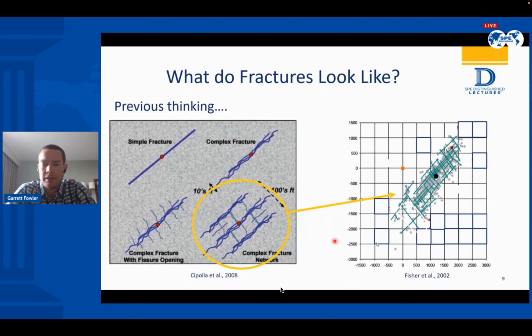And back in the early 2000s, when unconventional developments first started gaining momentum, particularly in the Barnett, this was a study that came out from Fisher et al. in 2002 that showed when they stimulated this well, as indicated by this black circle, it's a vertical well, they saw these microseismic events, and the researchers were able to then kind of draw these conjugate pairs of all these lines and claim that this was evidence of complex fracturing or complex fracture networks.